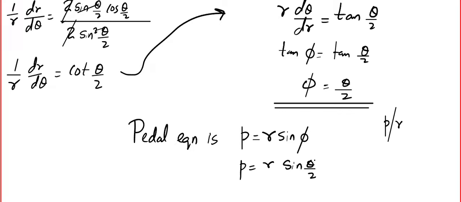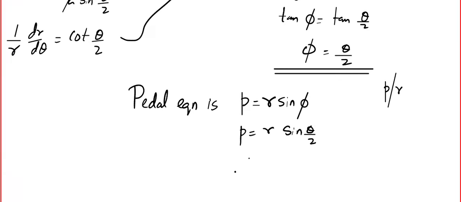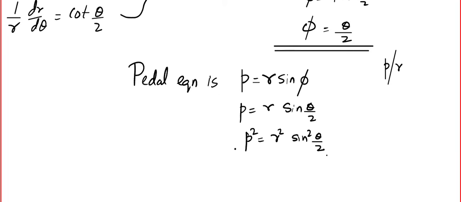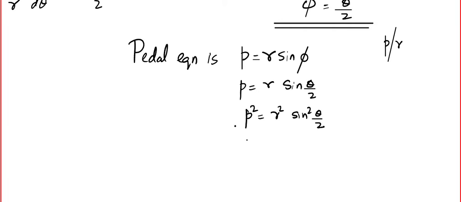But it's not a big deal. What I'm going to do is, I'm going to square on both sides. So I get r square sin square θ/2. And again I am going to apply the reverse of the half angle formula. So let's call it the double angle formula. This will be 1 by 2 into 1 minus cos double the angle. Wait a minute. What is 1 minus cos θ?